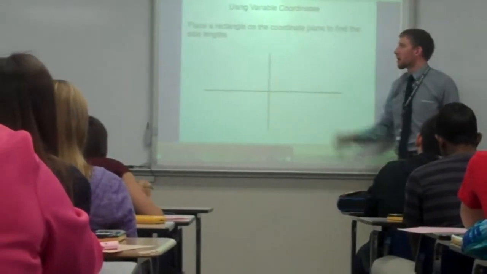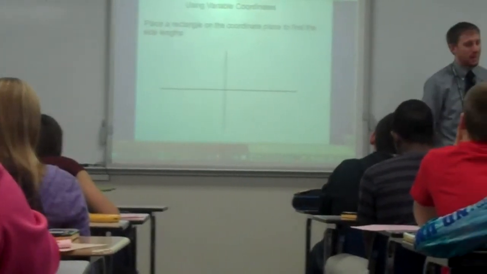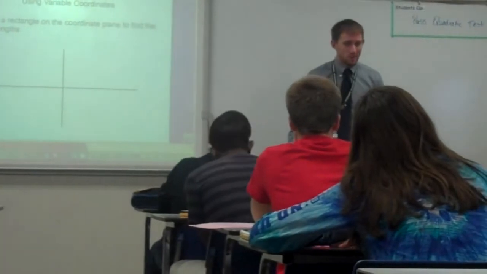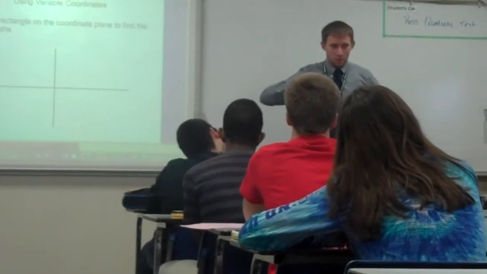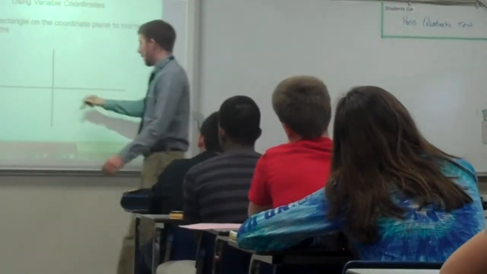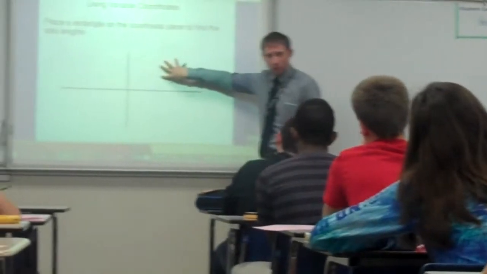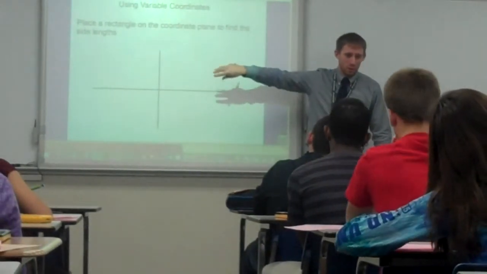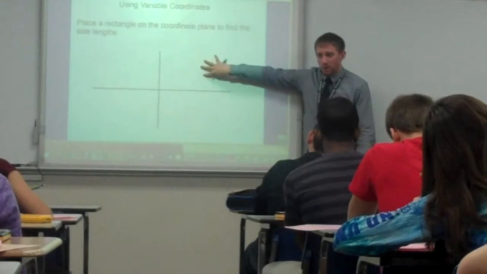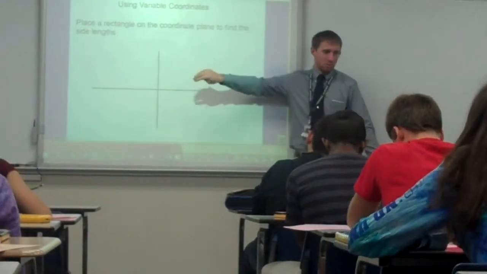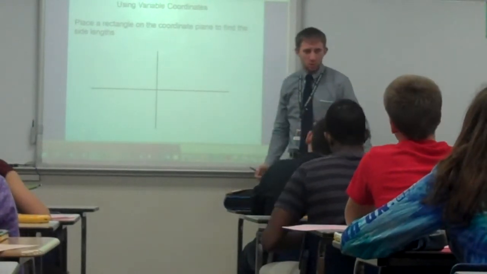So we're going to place a rectangle on the coordinate plane to find the side lengths. The easiest way to find side lengths is to have them straight across or straight up and down. So I'm going to always pick this quadrant. You can pick whichever one you want, but everything's positive in this quadrant. So I'm going to work there. Negative numbers aren't as fun to work with.